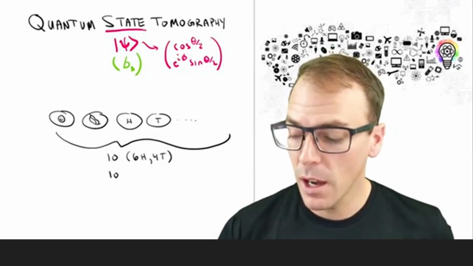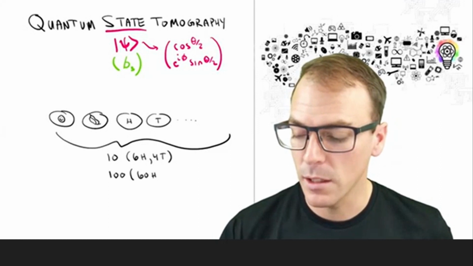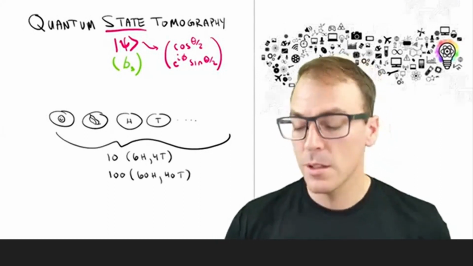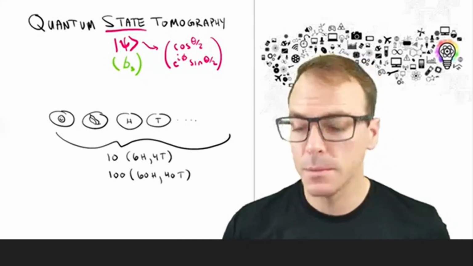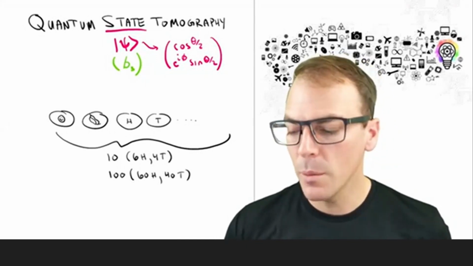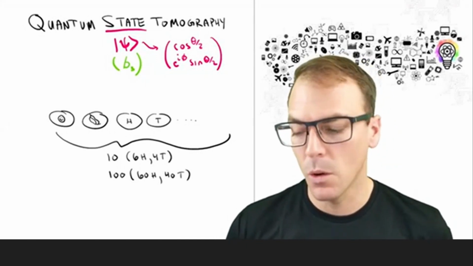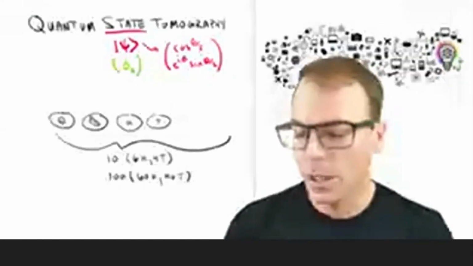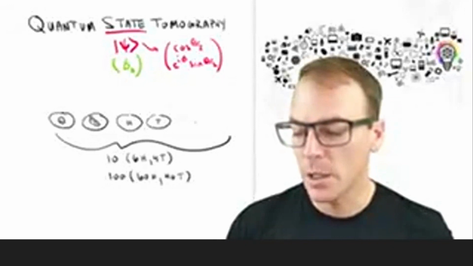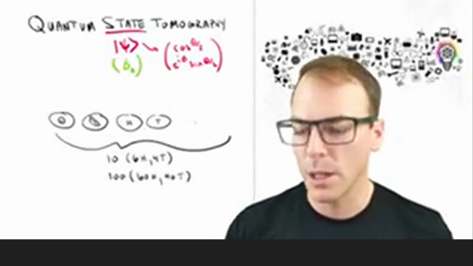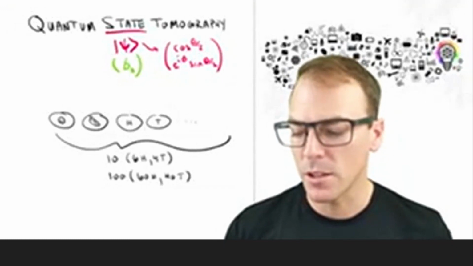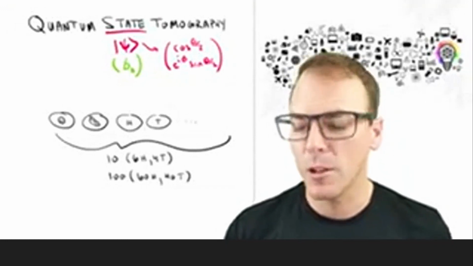Even if I flipped it 100 times and just miraculously, or unmiraculously, it came up 60 heads and 40 tails, now I'm a little bit more confident that the coin is not fair. But if you read about science topics in the news, you'll know that things usually come with these p-values.